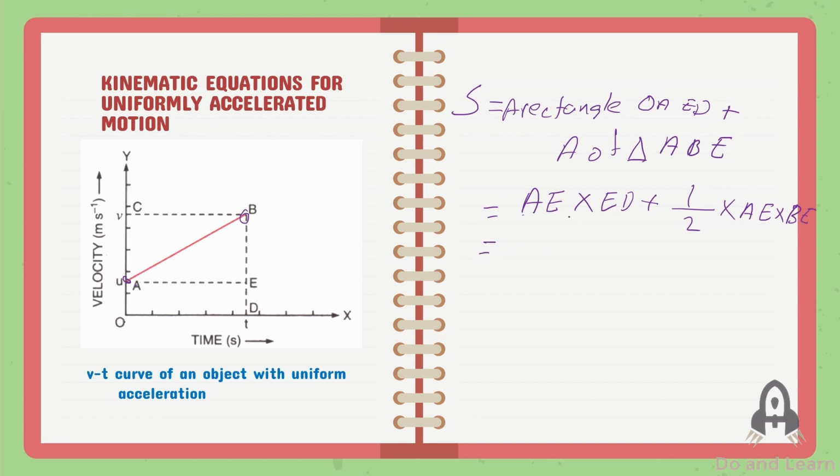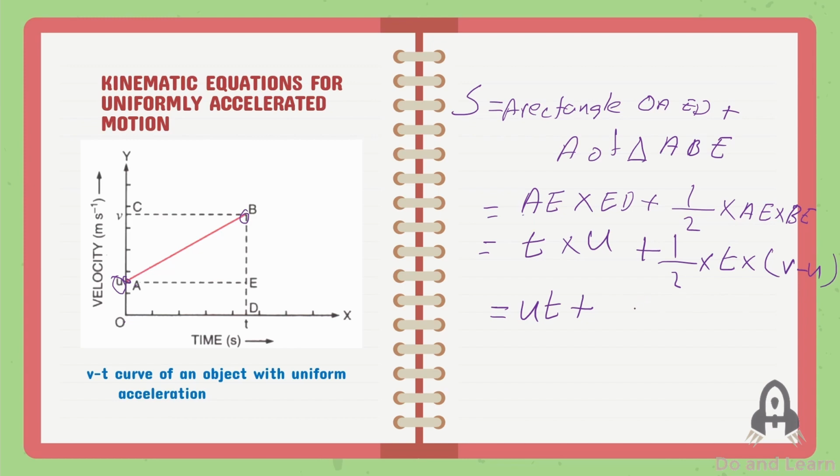So AE is equal to time T, multiplied by ED. ED is equal to U from the graph. So U into T, plus half into AE, which is T, multiplied by BE. BE we have already shown previously: BE is equal to V minus U.